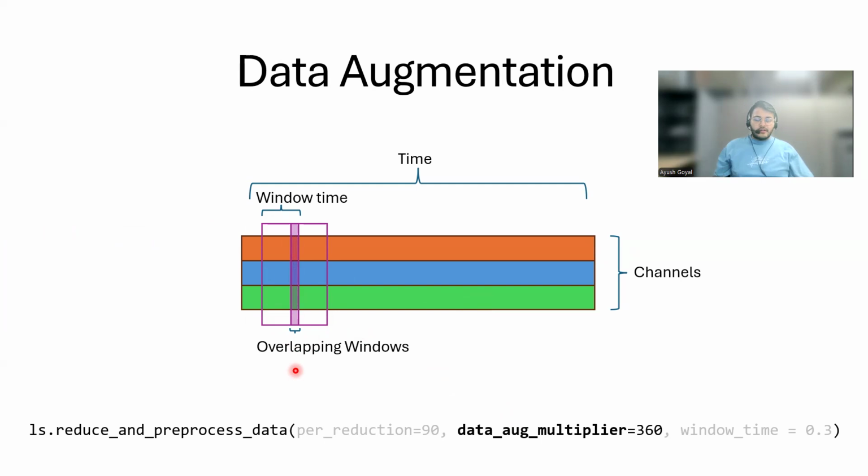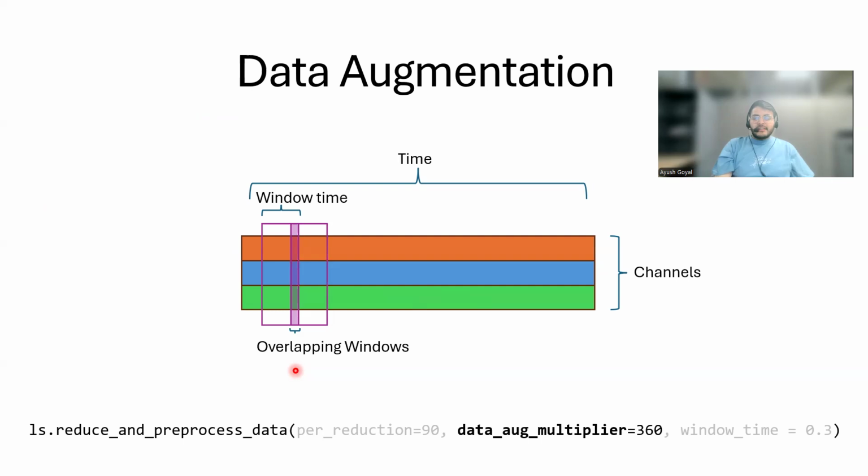Having a higher data augmentation multiplier is good when you want accuracy, but having it higher also means it needs more time in training. Because you're basically increasing the number of rows, the training time would increase. So this is a trade-off between accuracy and training time, not testing time.